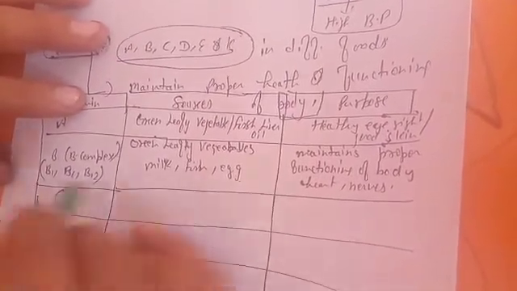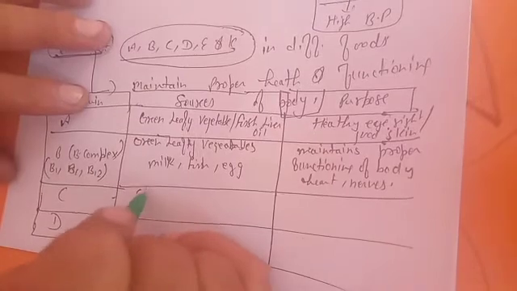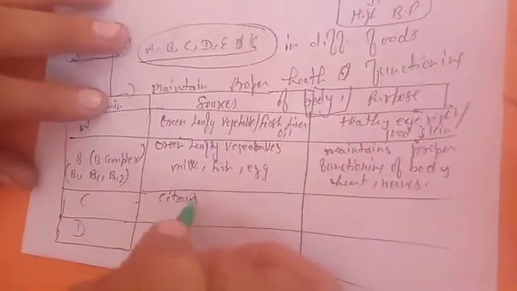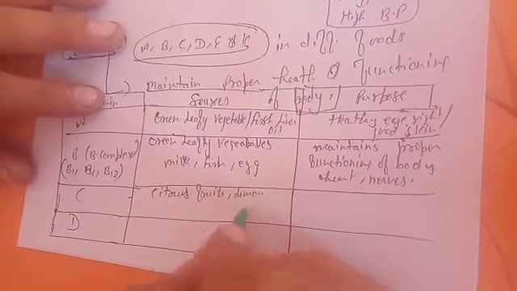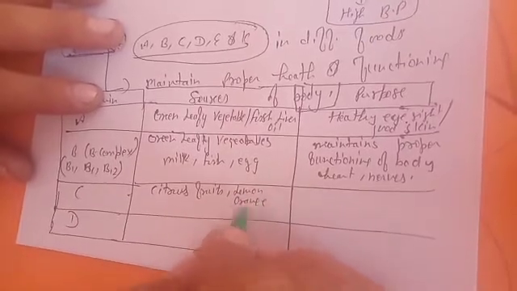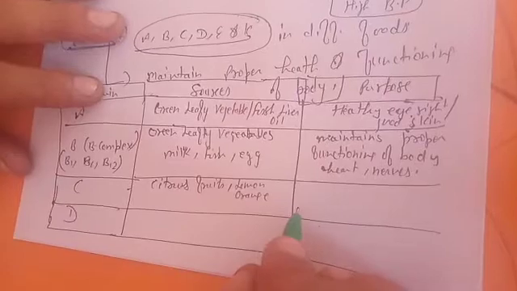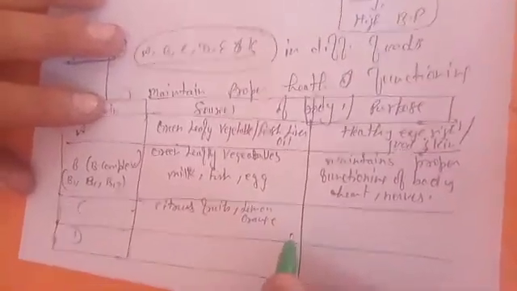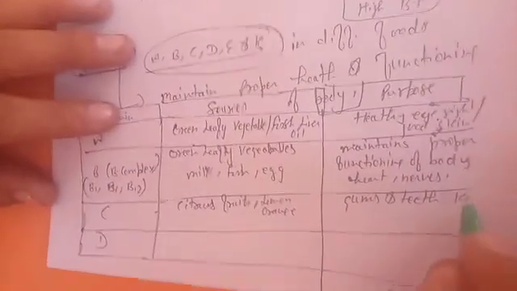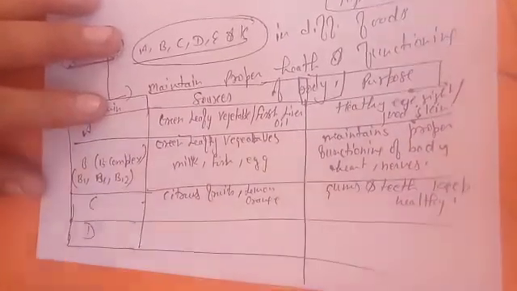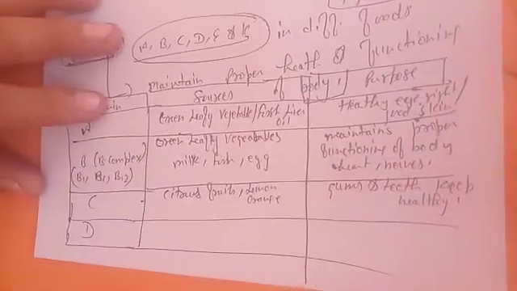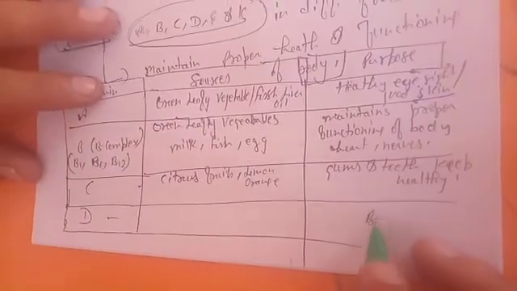Now vitamin C, you can get it in large amounts from citrus fruits. Which are the citrus fruits? Lemon, orange. What does it do in the body? Your gums and teeth are kept healthy by vitamin C. Vitamin D is good for bones.